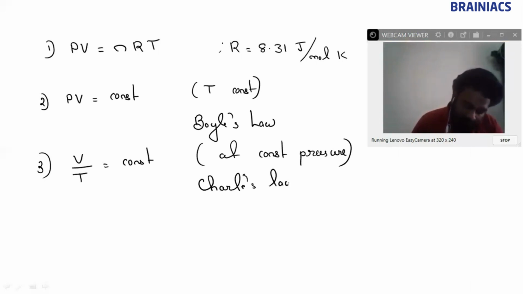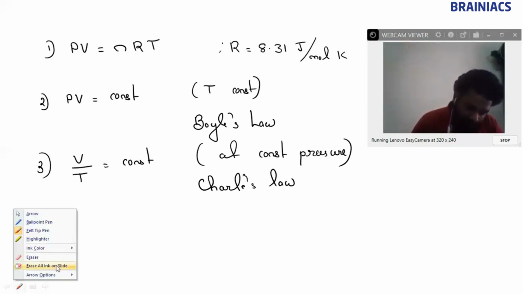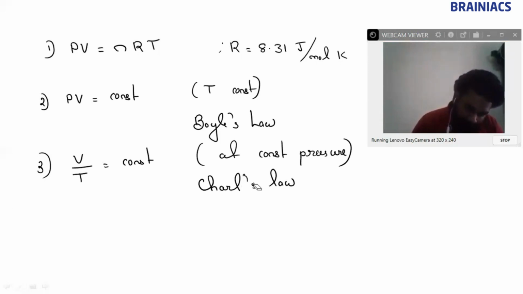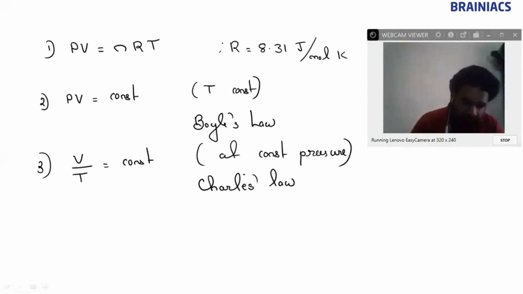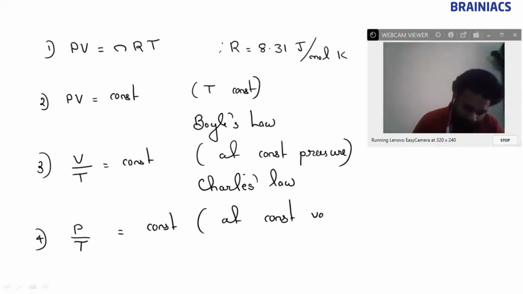Charles law. Another one is P by T equal to constant. This is at a constant volume, and this is called Gay-Lussac's law.